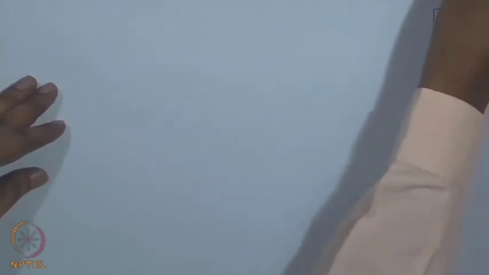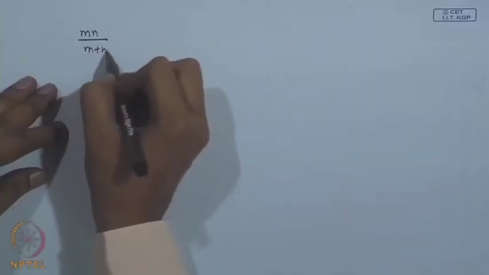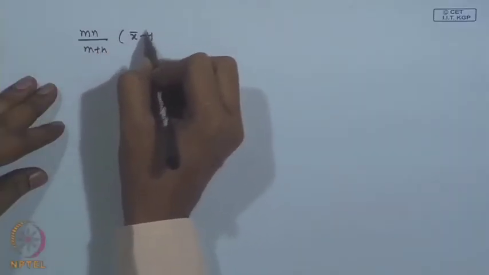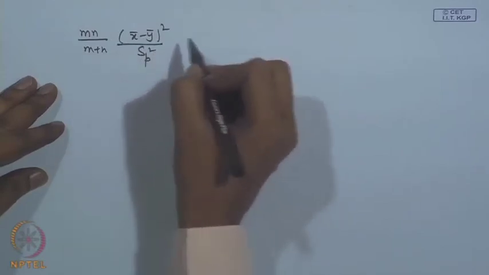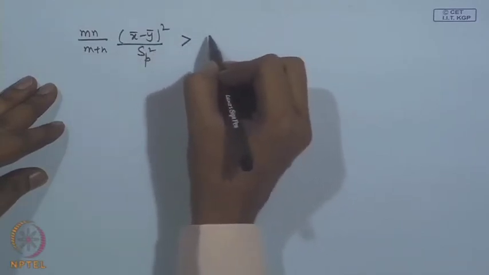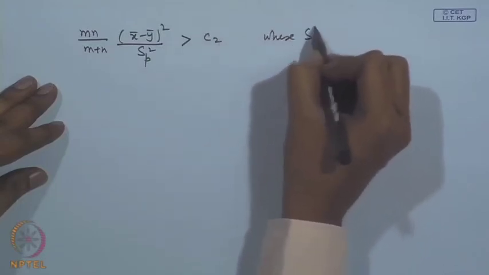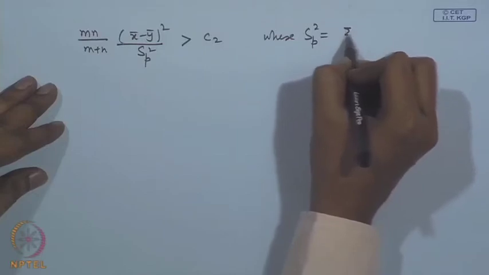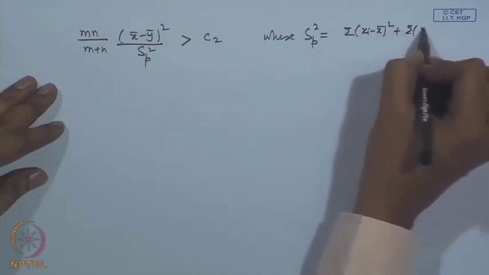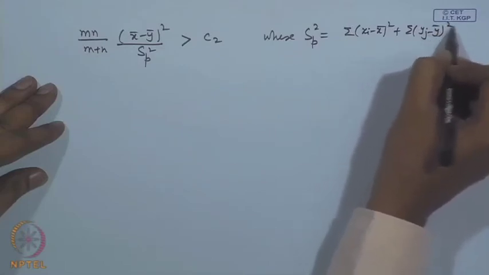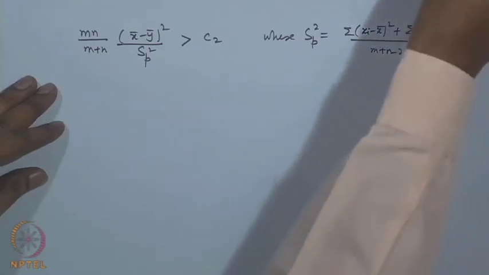So, I get the term m n by m plus n x bar minus y bar square divided by S p square greater than some C 2, where S p square is the pooled sample variance, that is sigma x i minus x bar square plus sigma y j minus y bar square divided by m plus n minus 2.